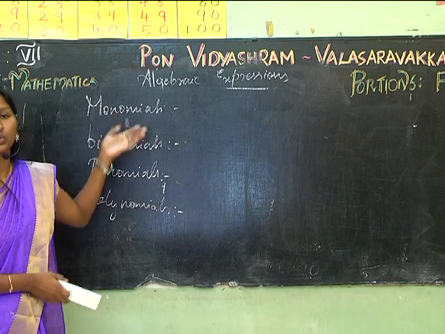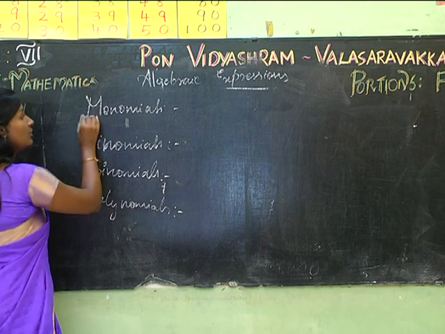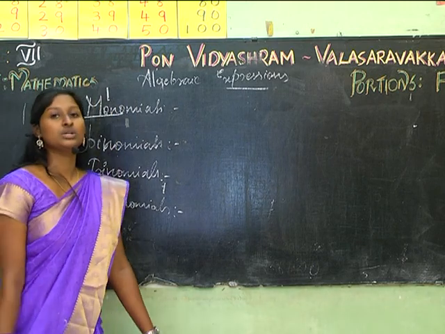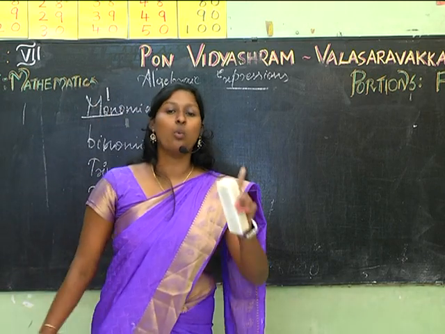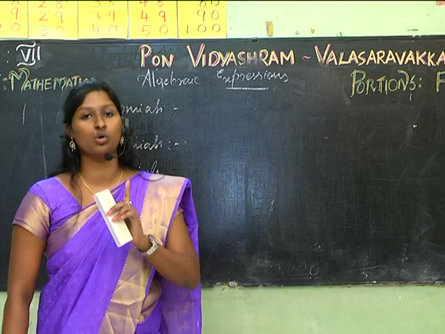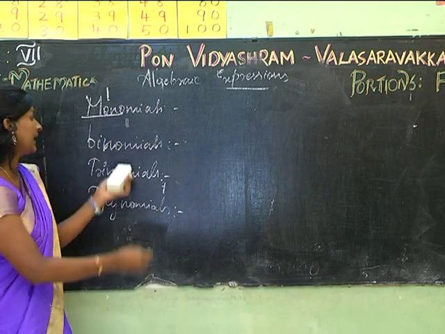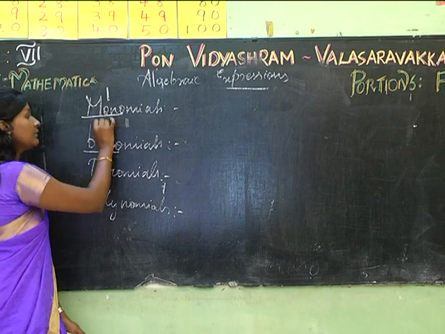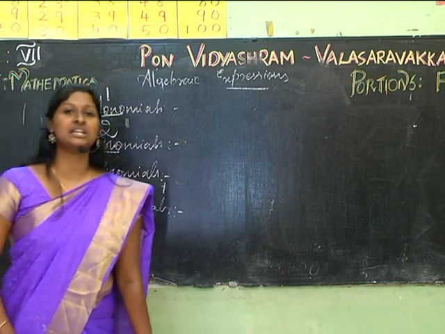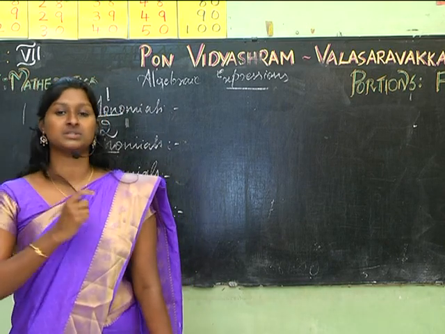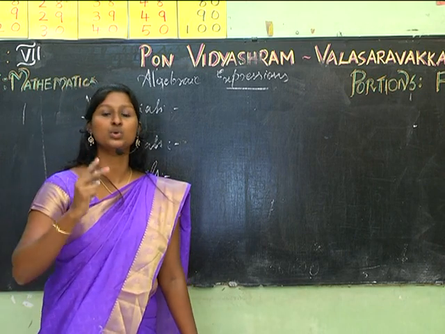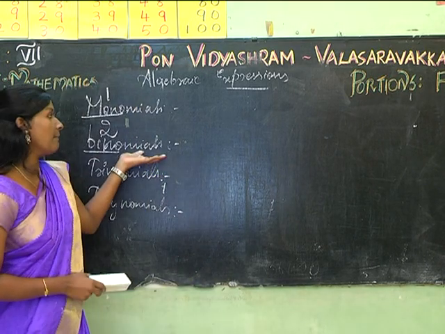As the name refers to, mono means one. So an expression having only one term is called a monomial. And as the name indicates, binomial means 2. So an expression having 2 unlike terms, I repeat, an expression having 2 unlike terms, is called a binomial.